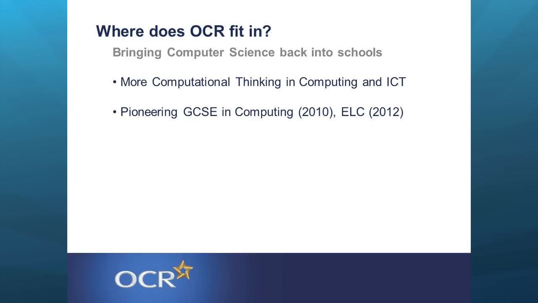Actually, quite ironically, inside the qualifications that bear the title IT and ICT, which had no programming in the past, all of those qualifications now have an element of programming. Inside the qualifications that were called computer science, we have taken the emphasis away from programming in many places to emphasize more the computational thinking aspect of how you do it.